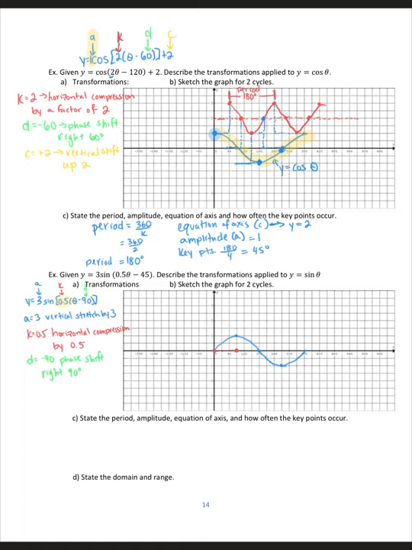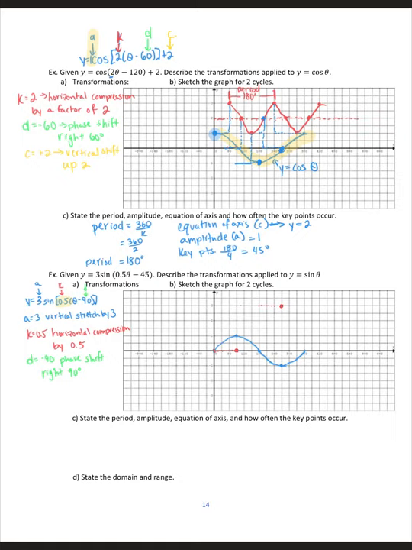But it also needs to be horizontally compressed by a factor 0.5, which means it's going to double in size. Because if we divide something by 0.5, it's going to get bigger. So that point that was at 90 is now going to go to 180, somewhere here. And then we have to shift that 90 degrees to the right. So that point will go there. So you can see how our graph is getting larger.